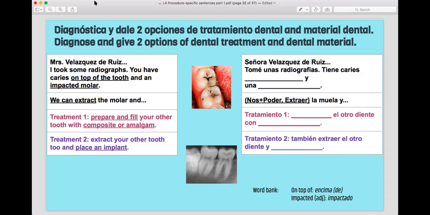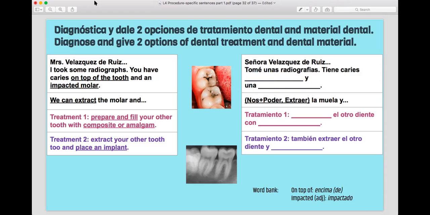So for tiene caries, on top of the tooth, tiene caries. On top of would be encima de, and the tooth would be el diente. So tiene caries encima de el diente. And an impacted molar. Y una muela impactada. You just change the gender there.